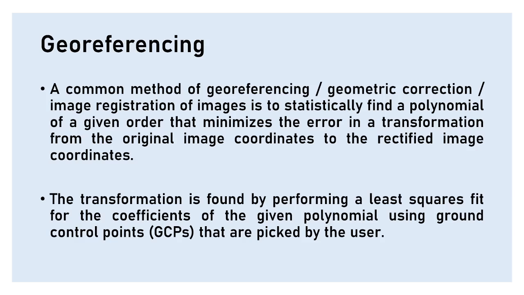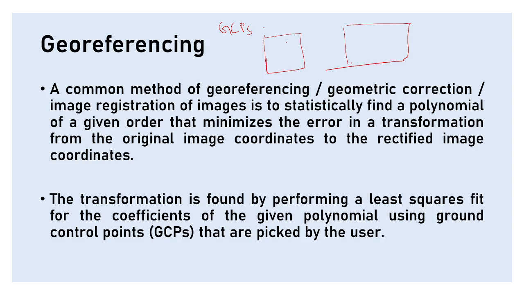As I said, you have an image that you need to georeference, and you have a base map. So the first thing that you have to do is establish the ground control points, GCPs. The transformation is found by performing a least squares fit for the coefficients of the given polynomial using ground control points that are picked by the users.